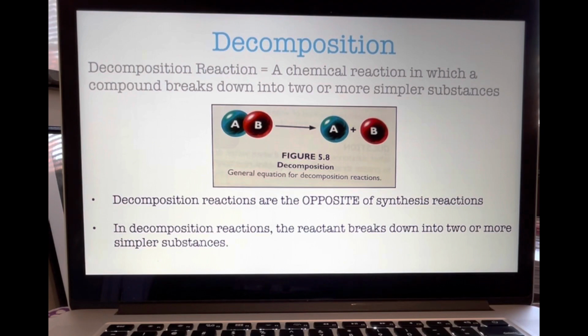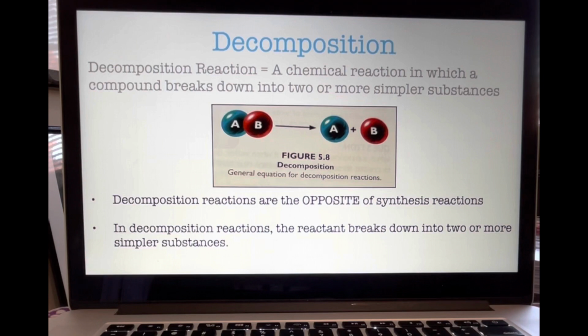If it isn't, the energy from light will be used to gradually break down hydrogen peroxide, which is H2O2, down into water and oxygen. So this is a decomposition reaction. And the definition is a chemical reaction in which a compound breaks down into two or more simpler substances.